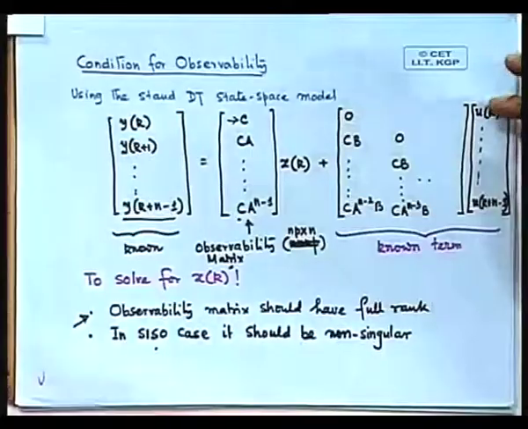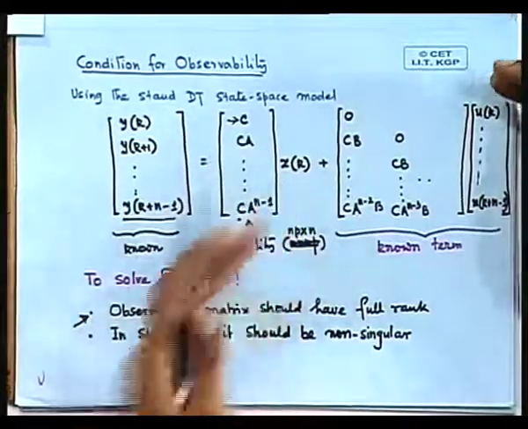That is why, since this matrix should have rank n, it is called full rank, though it is actually a non-square matrix. If this is a single input single output system, then this matrix happens to be n by n because p is 1, in which case full rank means invertible or non-singular. So in the SISO case this matrix is required to be non-singular.